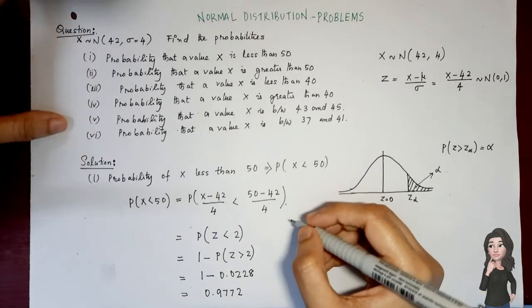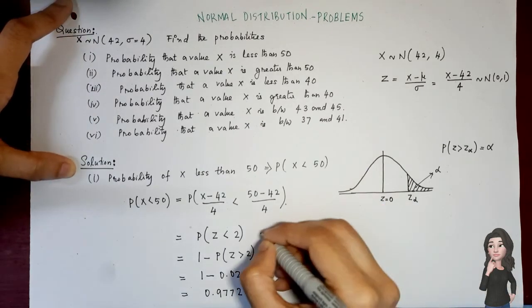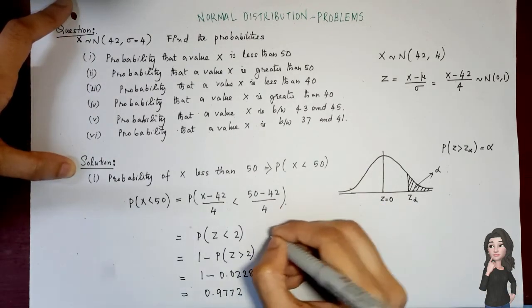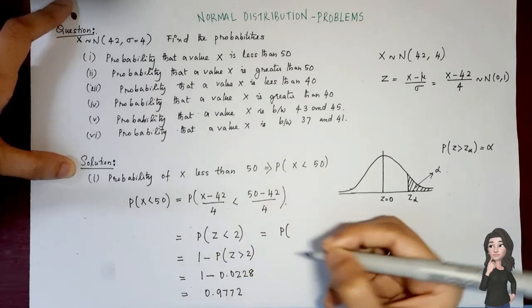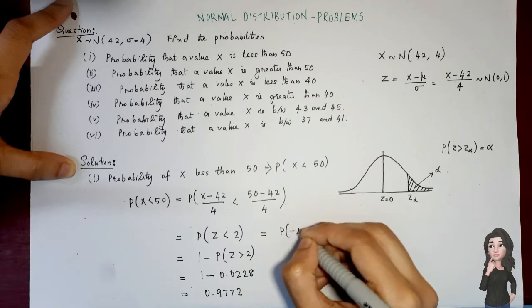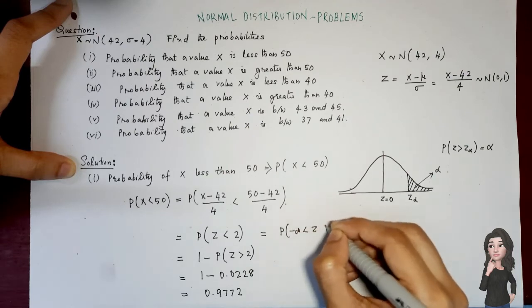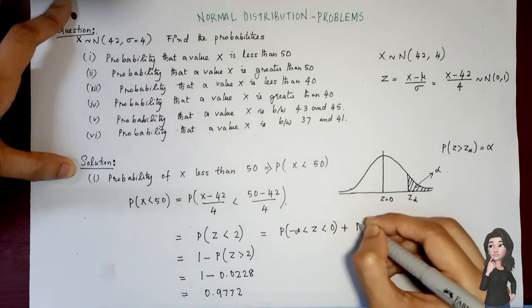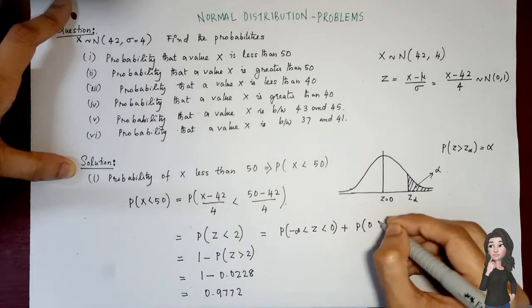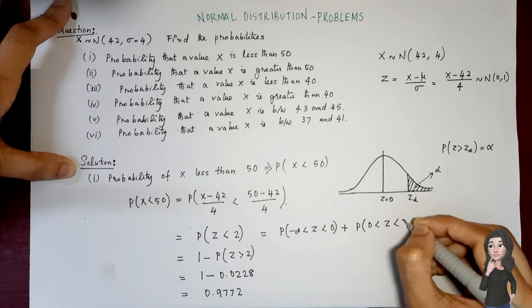Now another method is to write this as the probability of minus infinity less than z less than 0, plus the probability of 0 less than z less than 2.